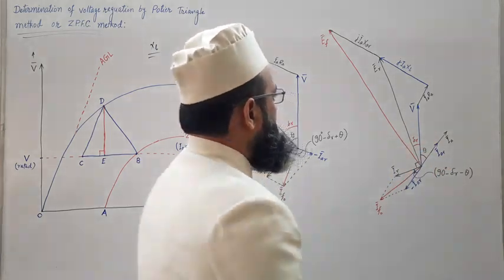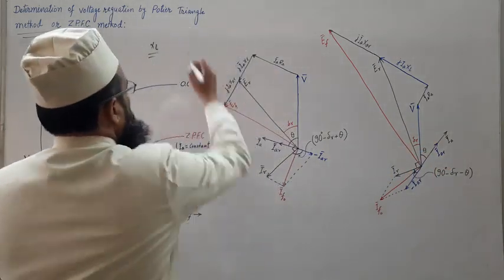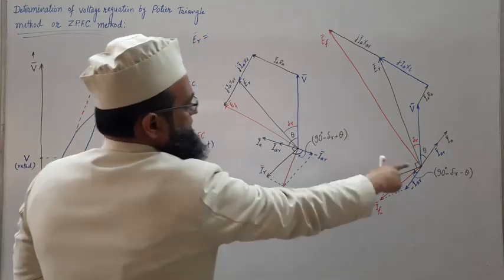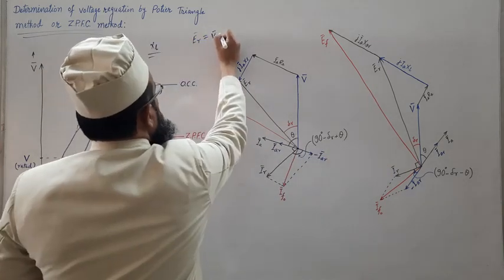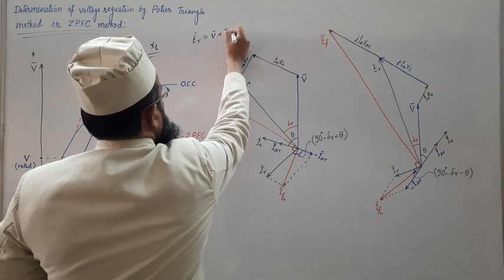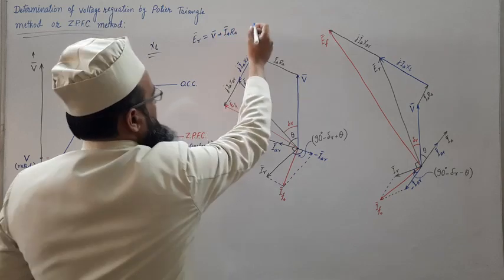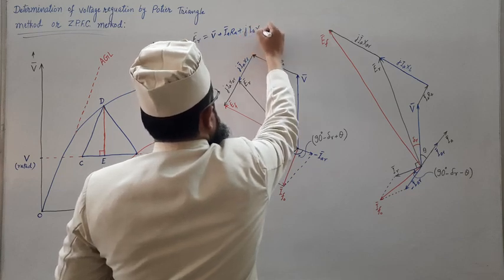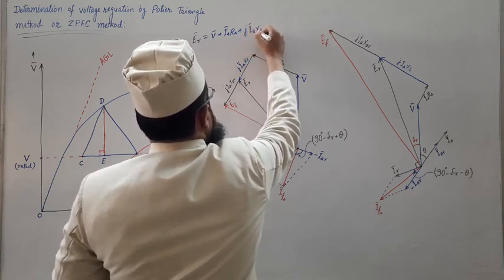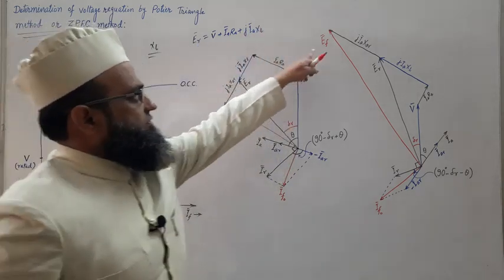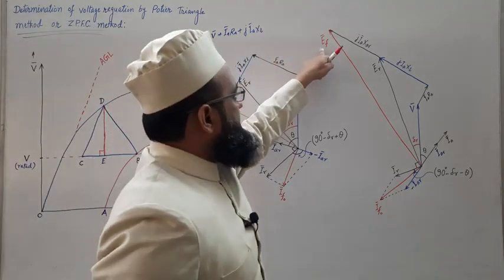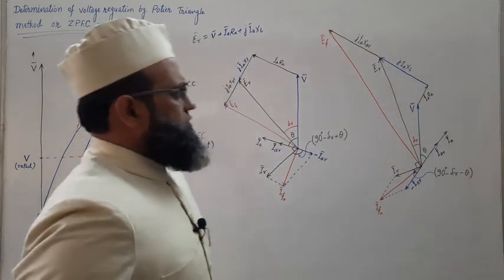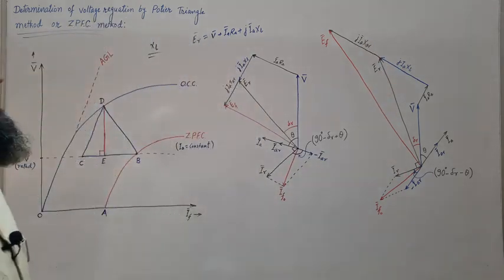So we know that ER is equal to V plus IARA plus j IAXL. We are talking about ER, not EF. If you want to get the phasor EF, then we need to add this phasor also to this ER, right? Check your notebook, we have already discussed these things.